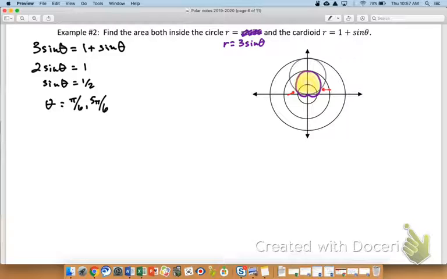My radial line is going to be green. For that angle, is that visible? Yes, it is. So that little green line represents the angle where the 2 curves intersect.